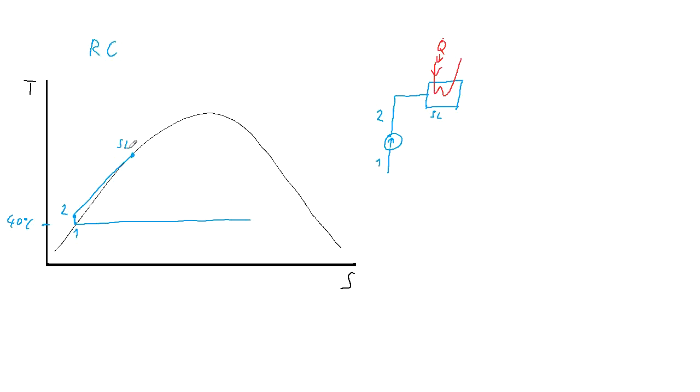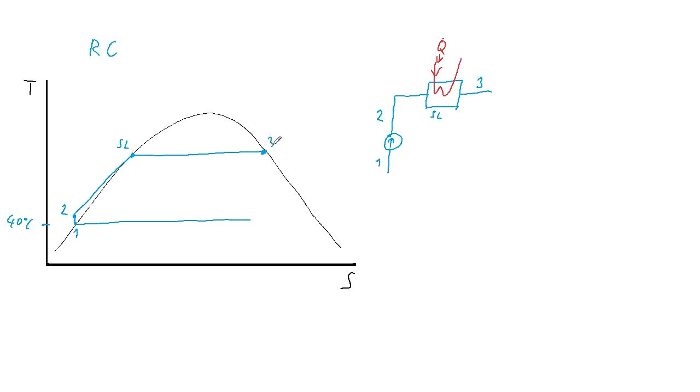Let's call it L. Then we get through the heat exchanger to the point of saturated vapor, which is the outlet of this heat exchanger for most of the cycles, so it would be point 3.